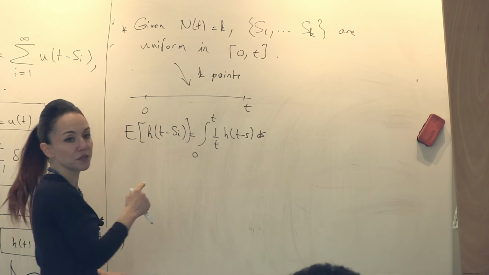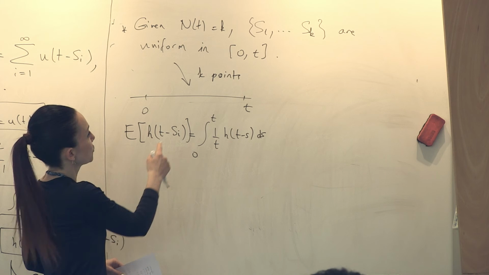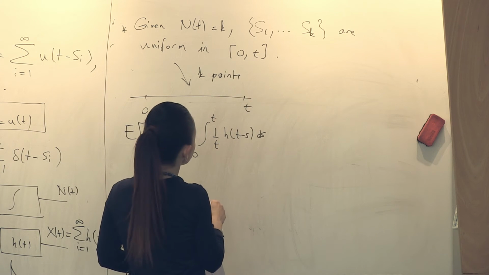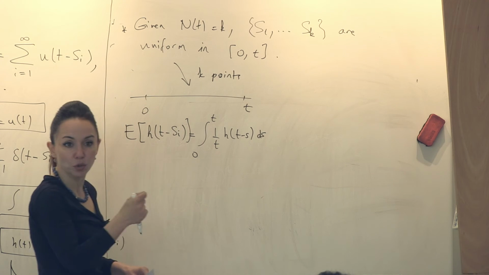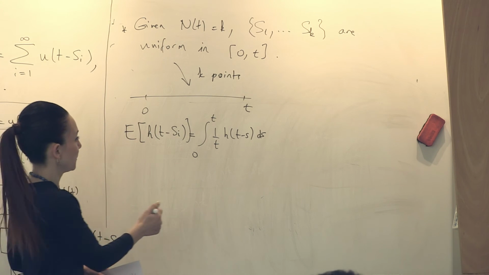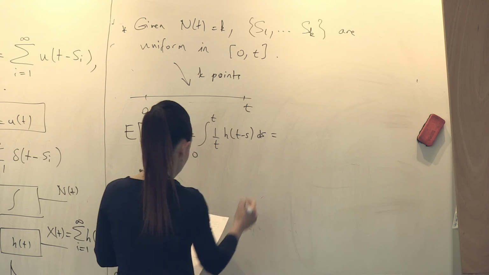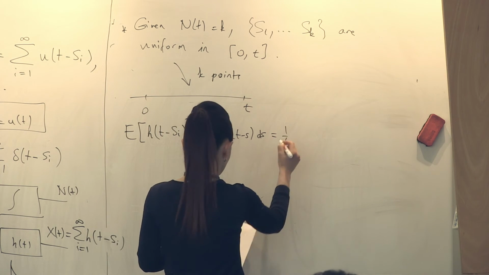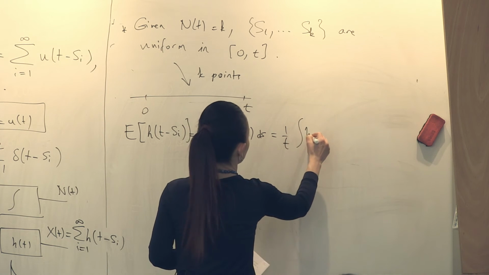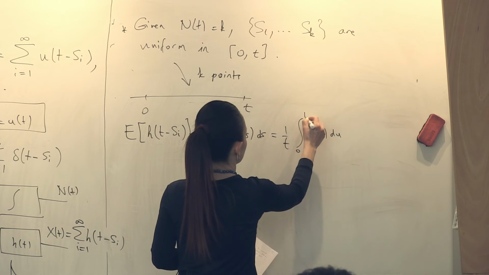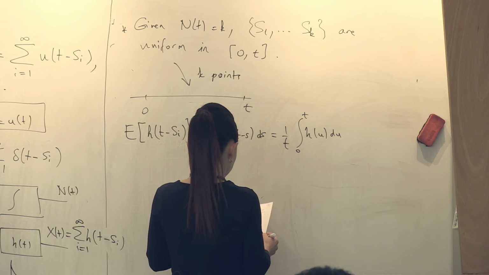Each is uniformly distributed from 0 to t, so the probability density function is 1 over t. So that is 1 over t times the integral of h(u) du from 0 to t.